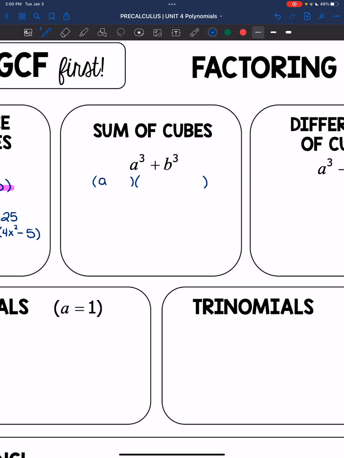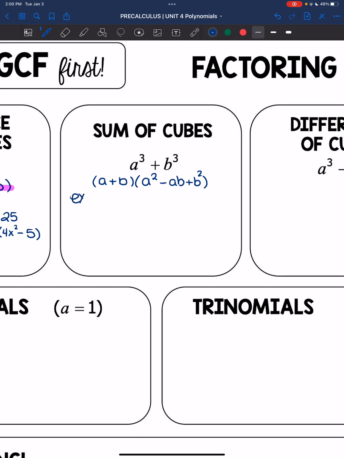The cube root of your first term plus the cube root of your second term, that's going to be in your first factor, and then your cube root of your first term squared minus the product of a and b, which are those cube roots, plus your second cube root, not cubed, but just squared.